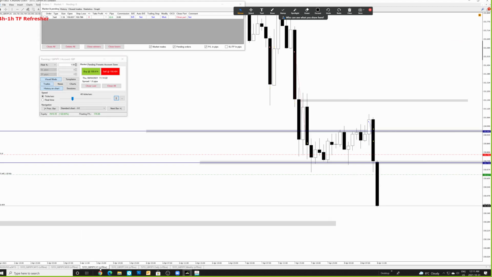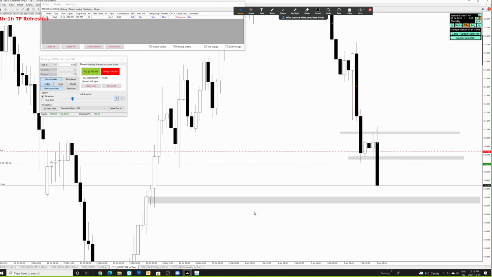All right, let's take a look on the 1 hour. 1 hour is coming straight down here. Oh, nice. Very nice. Coming down. All right, the 1 hour candle is still open over here. Let's just wait for the 1 hour candle. It's a very strong rejection area here.